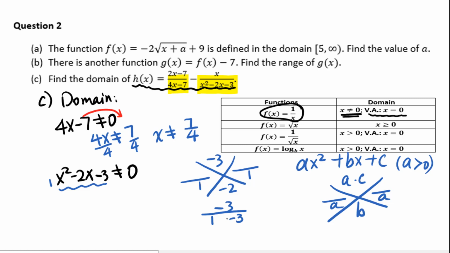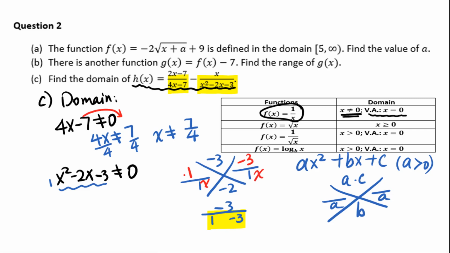You add 1 plus negative 3 is negative 2. Therefore, 1 and negative 3 will be the factors we are looking for. That is 1, negative 3. Then we will put the x here.